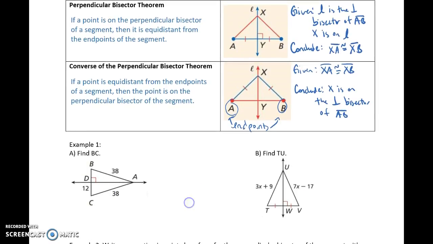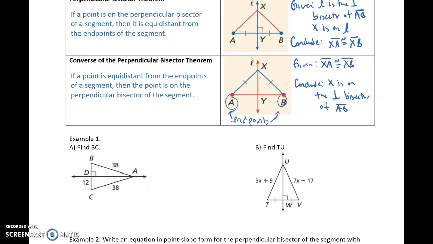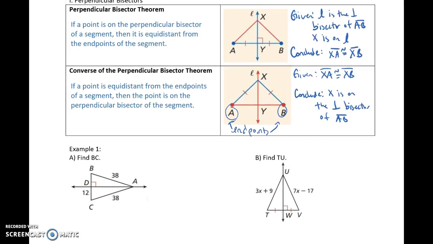If you look at example 1, I want to find the length of BC. What I'm going to notice here is that AB is 38 and AC is 38.